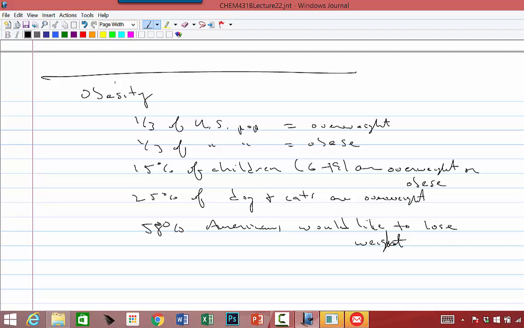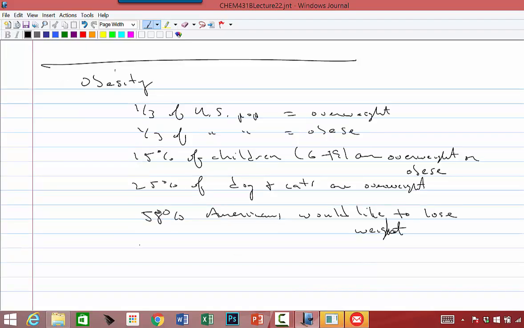Okay. Of course, we know that there's a lot of risks associated with obesity. You know, there's heart disease, there's stroke, there's diabetes.